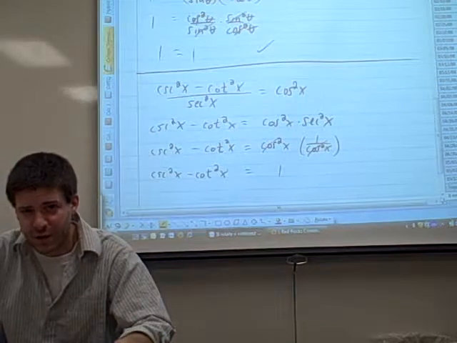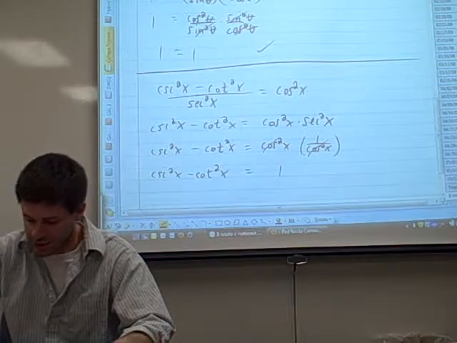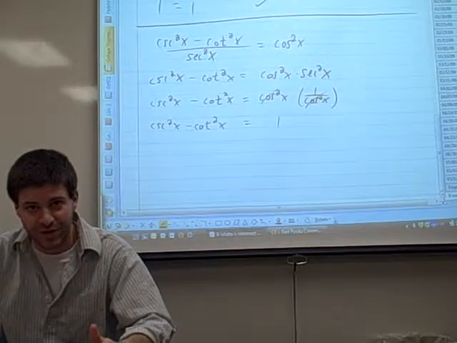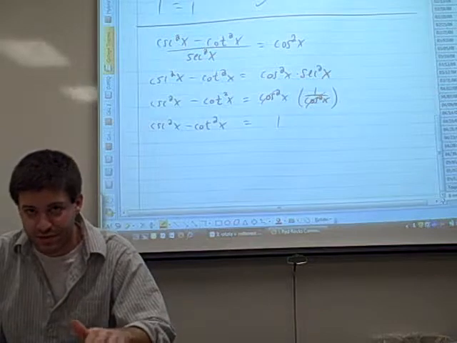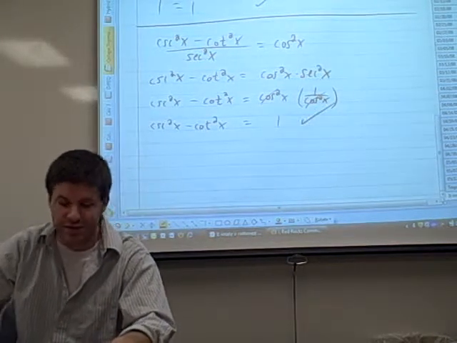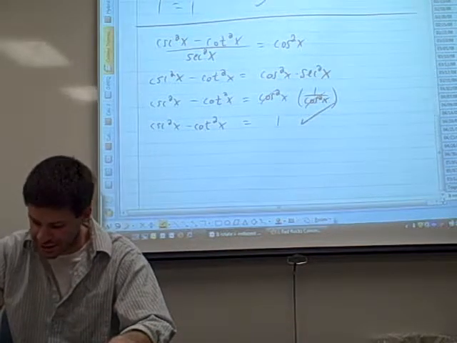Now is cosecant squared of x minus the cotangent squared of x equal to 1? Well, you were thinking Pythagorean identities. So look at your Pythagorean identities. Look for the one that involves a cotangent and a cosecant. Move the terms around, and you'll see that that's true. That is just a Pythagorean identity.